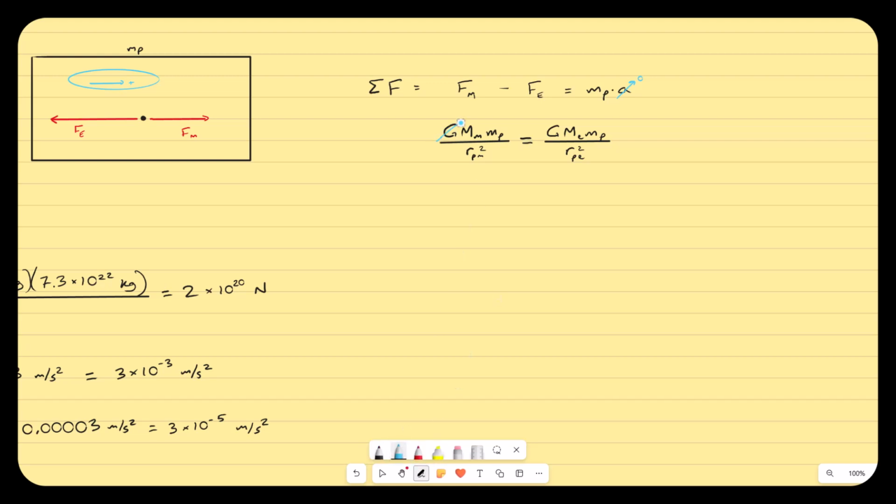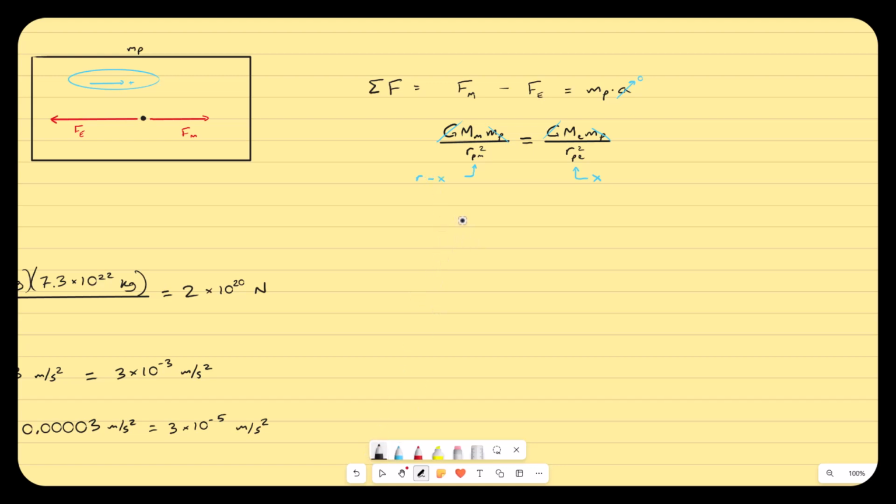I can cancel right away G, which is nice because I don't have to put in those exponents. I can cancel the mass of the person, and that's good to be able to cancel. The distance from the person to the Earth, that's the distance that I had called x, and the distance from the person to the Moon, that's the distance that I had called r, which is the distance between the Earth and the Moon, minus x.